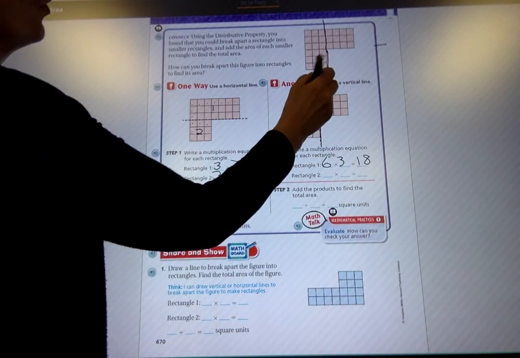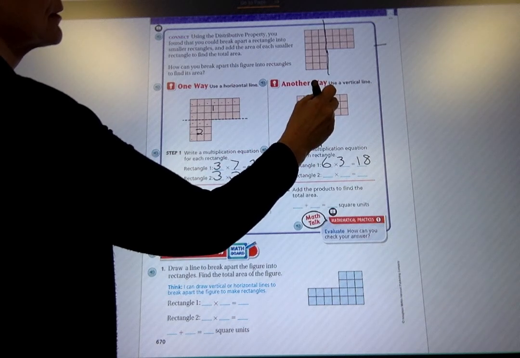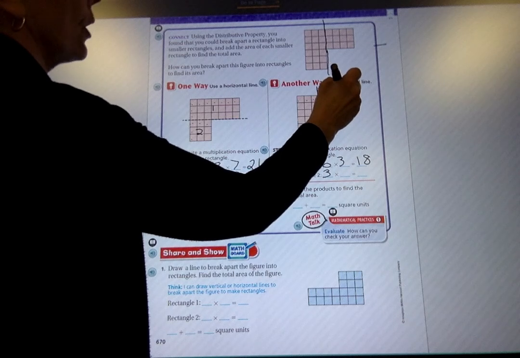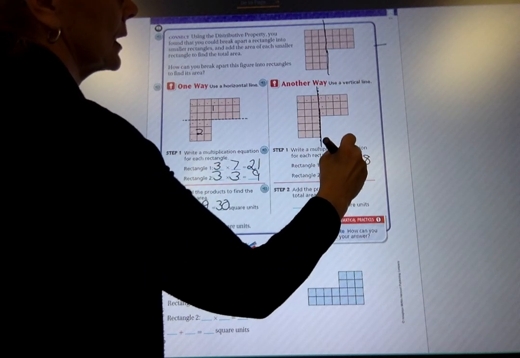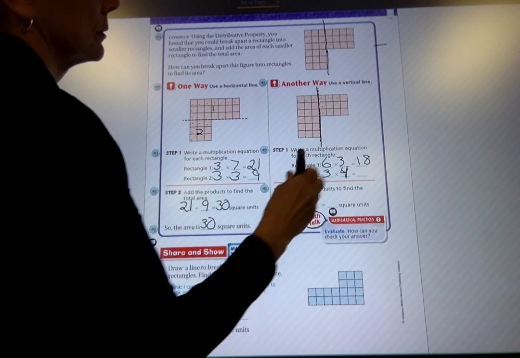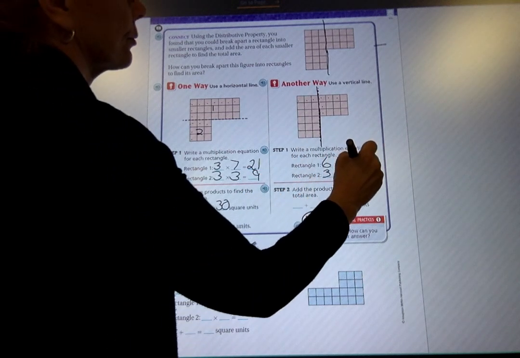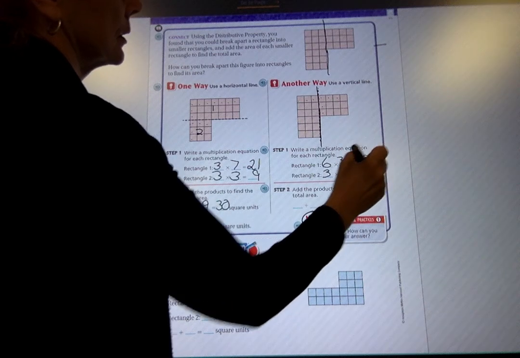Here we have 1, 2, 3 by 1, 2, 3, 4. Oh, 3 times 4, let's see. That's a double-double. Double of 3 is 6, double of 6 is 12. 3 times 4 is 12.